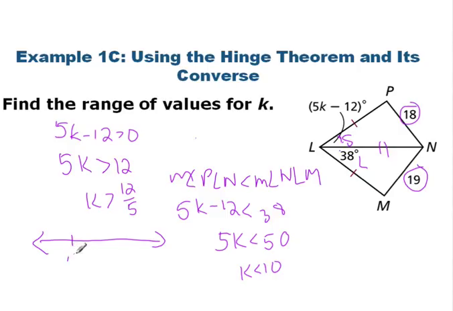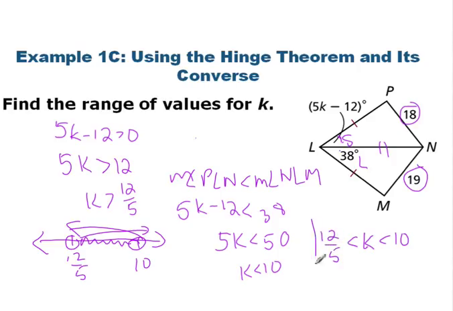Here's 12/5, and here's 10. It has to be greater than 12/5, and it has to be less than 10. That happens in between those two values. So I know that K has to be less than 10 and greater than 12/5. And that is my answer.